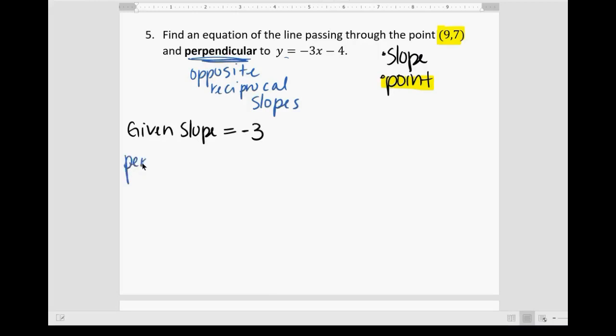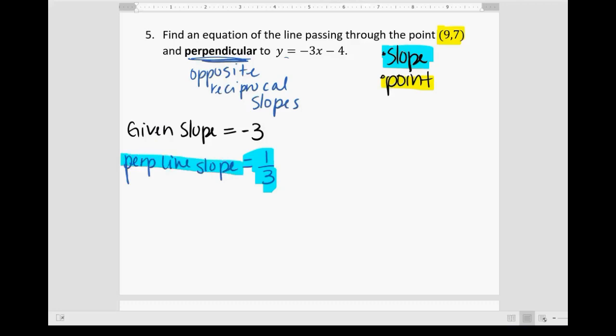So the perpendicular line slope that we need is going to be the opposite sign, so it's going to be positive, and then we're going to flip and get the reciprocal of 3. So it's going to be a positive 1 over 3. And that is going to be what we're going to use in our equation.